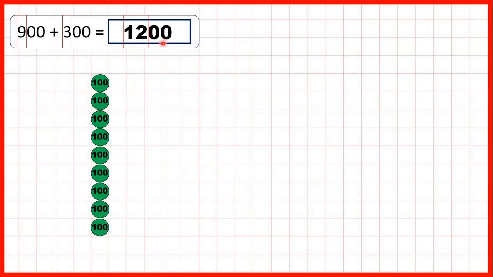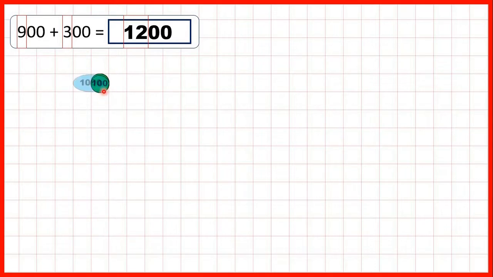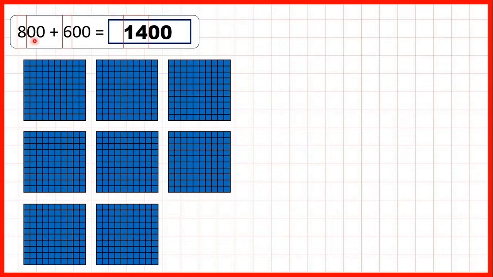Or using place value counters, if we start with 900 counters, adding just one more 100 means we have 10 hundreds, which we can exchange for 1,000. So then we just add our second and third 100, which means we have 1,000 and 2 hundreds in our answer. Then we had 800 plus 600.